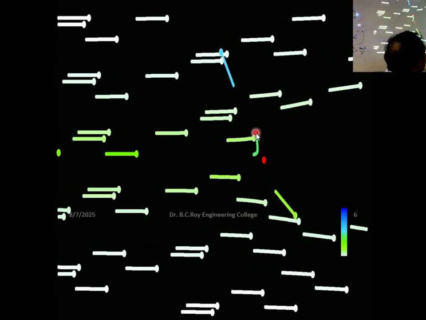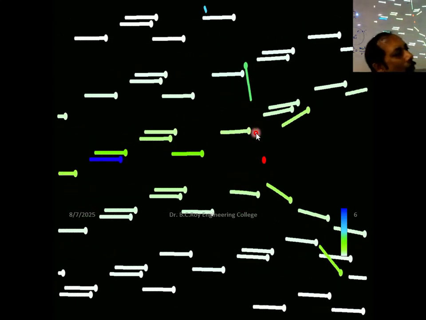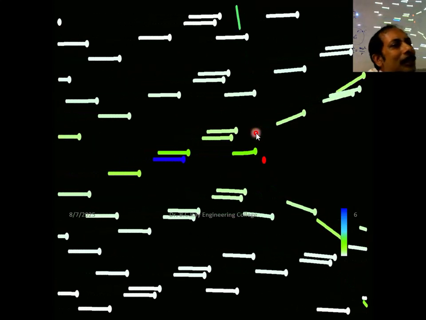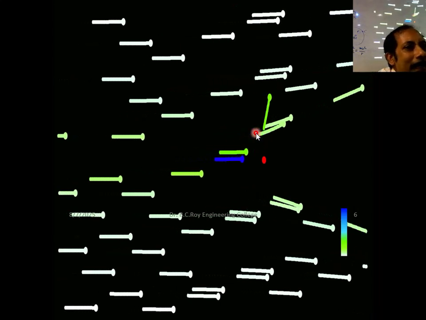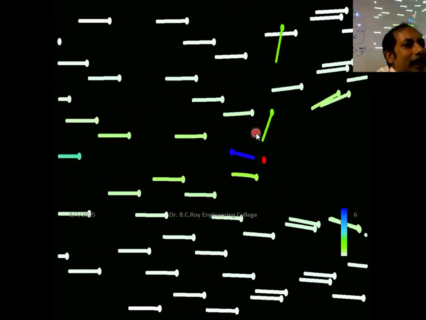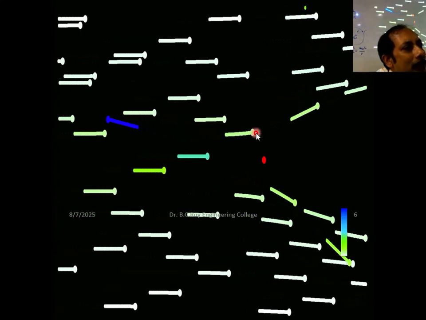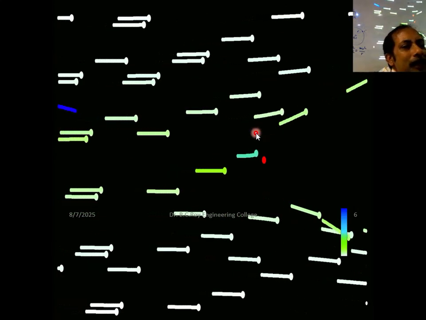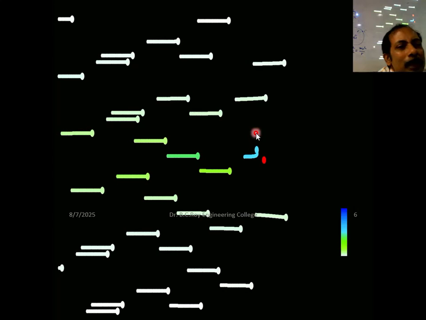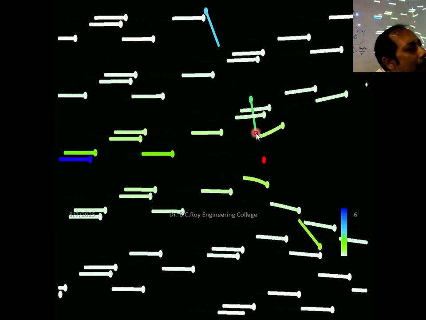A few show some angle deviation, and out of 20,000 maybe one just returns back, recoiling, but that is very rare. Those passing through without any angle deviation means there is a lot of empty space available, and through this empty space they can easily pass through.